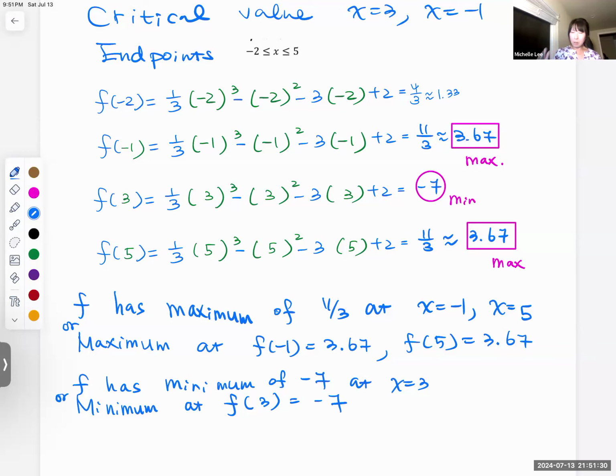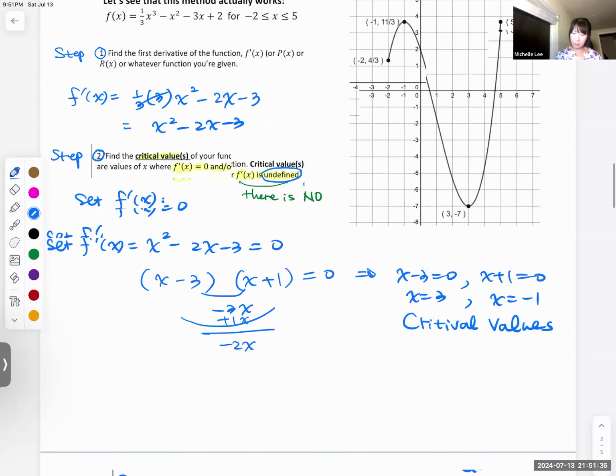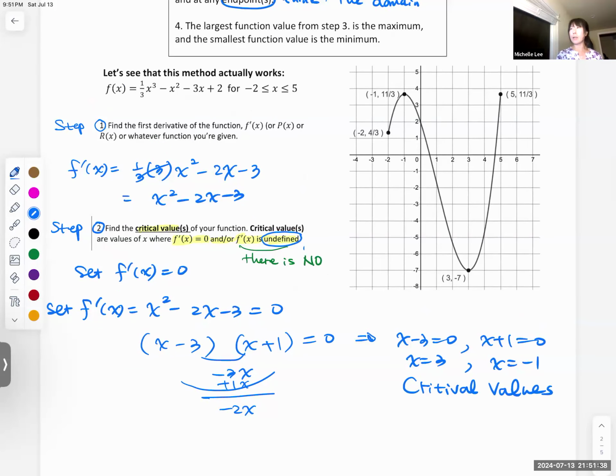Okay, how about the graph? Let's take a look. The graph is here, right? Oh, it's already there. So maximum, maximum, maximum, and minimum.